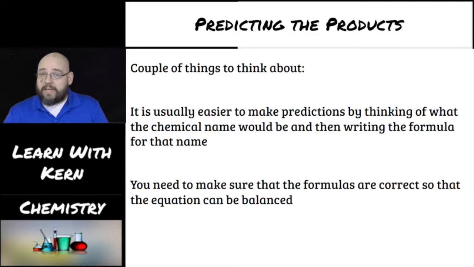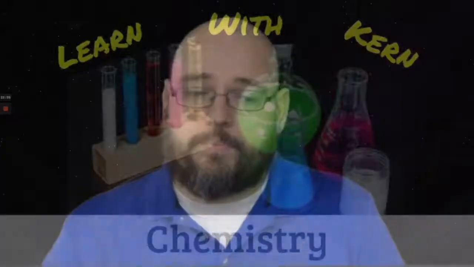If you do not have the correct formulas, then sometimes it's impossible to balance the equation. So if you're trying to balance the chemical equation and it's not working, and no matter what you do, you can't seem to get it to balance correctly, you need to ask yourself, did I write the formulas correctly? Because if the formulas are wrong, then you cannot balance the equation most of the time.